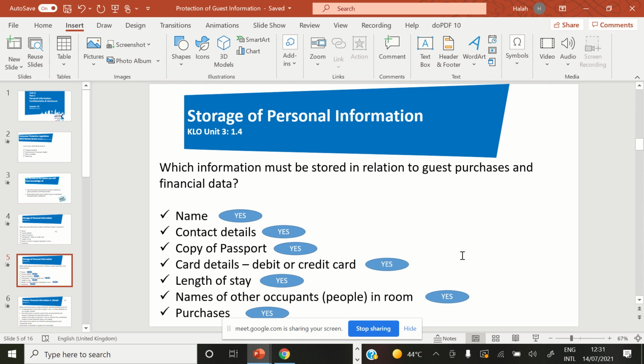So as a hotel, you have to store all this information to process the payment, or to send it to the legal authorities to make sure, for example, that no criminal has stayed in the hotel.